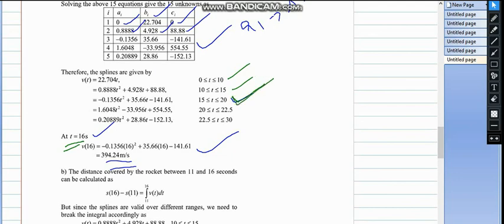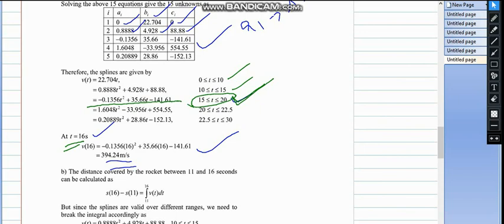So we have to use this spline for our calculation, because t lies in this range, that is 16 lies in that range. So we have to consider the third spline, and this third spline has this equation after substituting A3, B3 and C3.